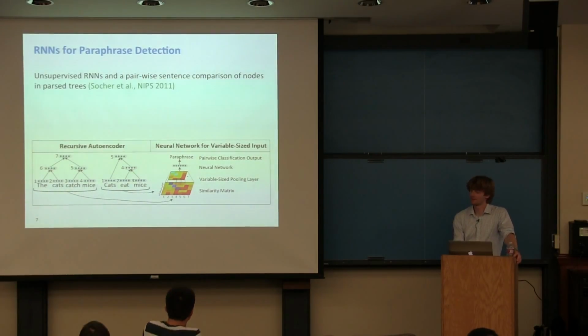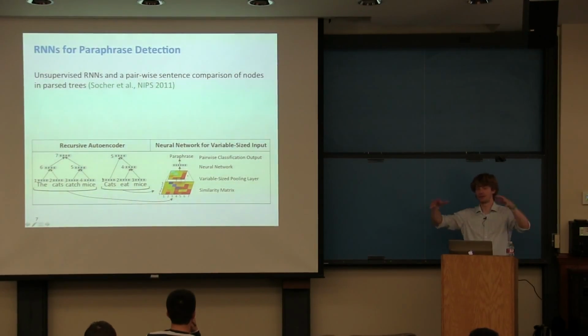And you multiply that with a matrix. Yes? Does the method care about the structure of the sentence or just the notation of each word? That's a great question. So it does. It cares about the structure. It does very much in that it takes all the vectors of the tree. And so if, for instance, the very top vectors here are still the same, then in fact you have very similar tree structures and parse structures.